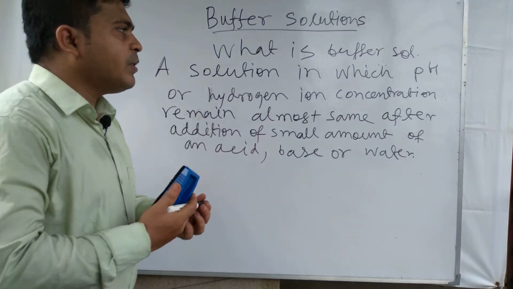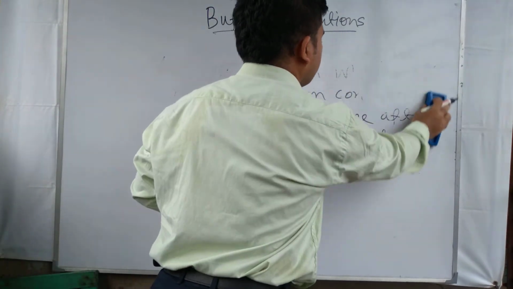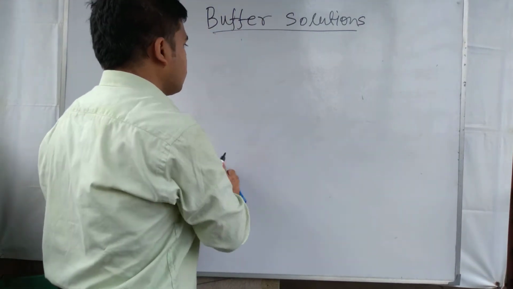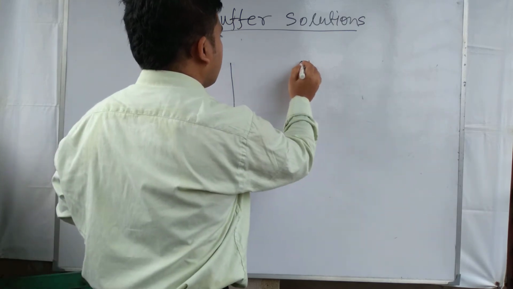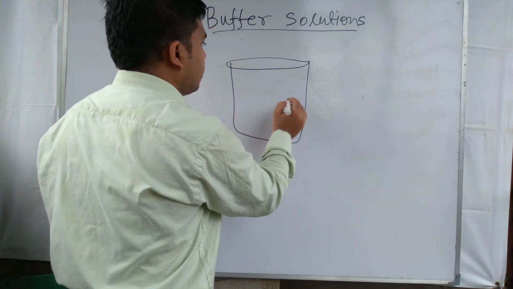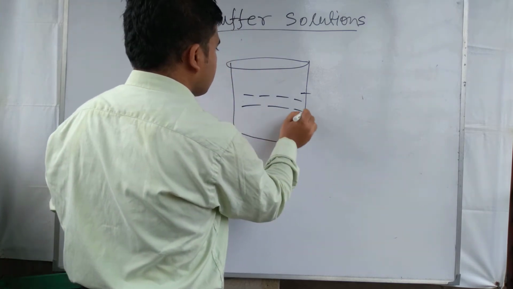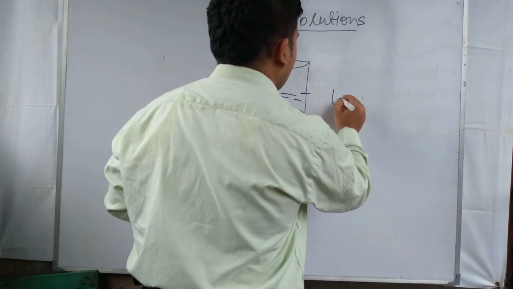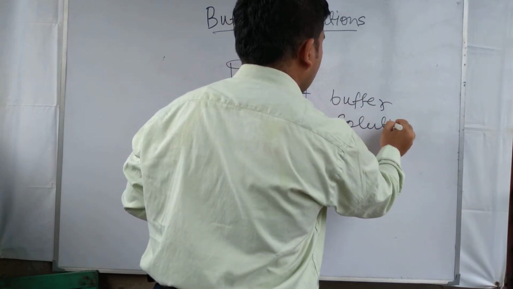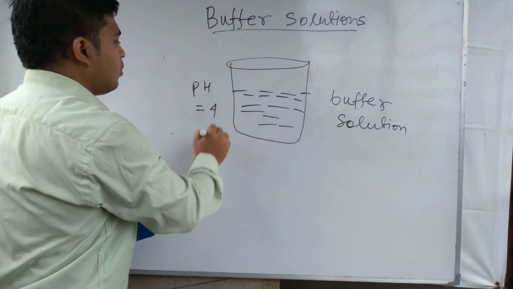Suppose in this beaker we are taking a buffer solution and the pH of the solution is 4.